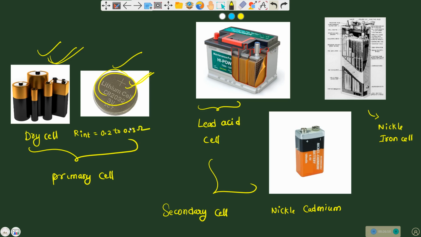You should remember this, as you might be asked in the examination. It will have an EMF of 1.5 volts. Remember this.